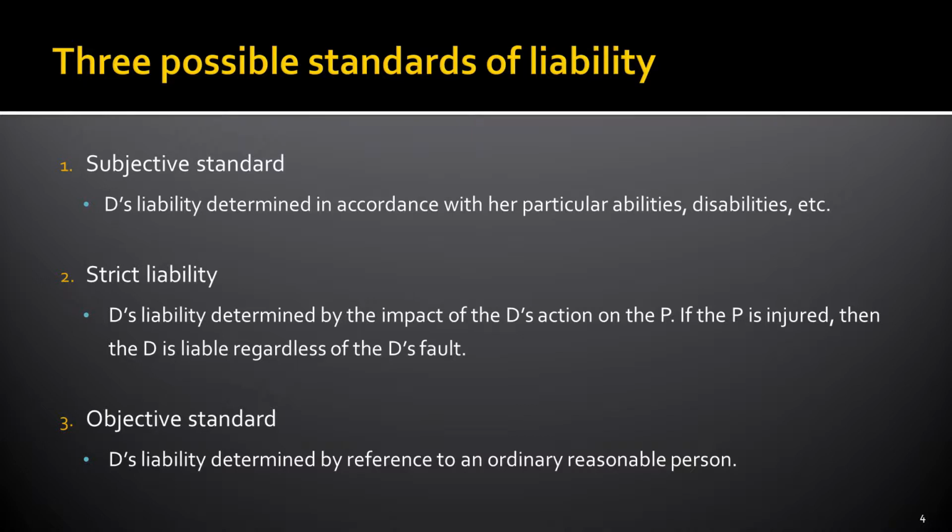On this approach, we would simply ask, was the plaintiff injured? If the plaintiff was injured, then the defendant will be liable. The third standard, the objective standard, we determine the defendant's liability by reference to an ordinary reasonable person. So instead of looking at the particular defendant and asking what could have been expected of that particular person, we ask what would an ordinary reasonable person have done in the circumstances.